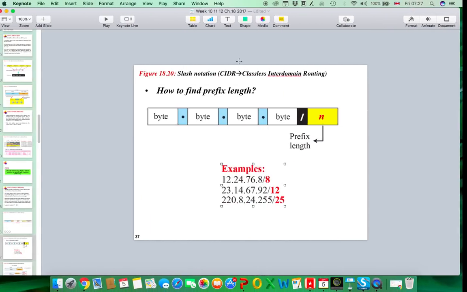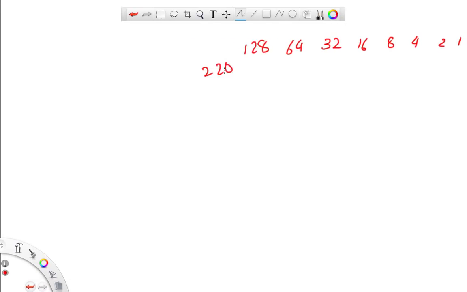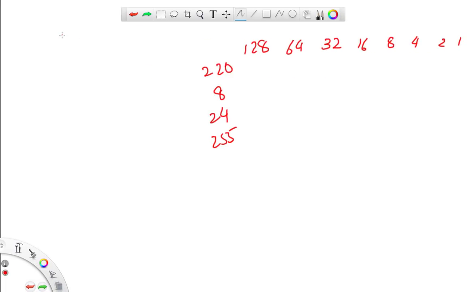So the numbers are 220, 8, 24, and 255. And the subnet mask is 25. Okay, the prefix is 25.